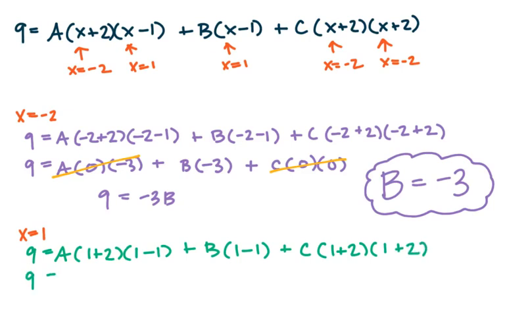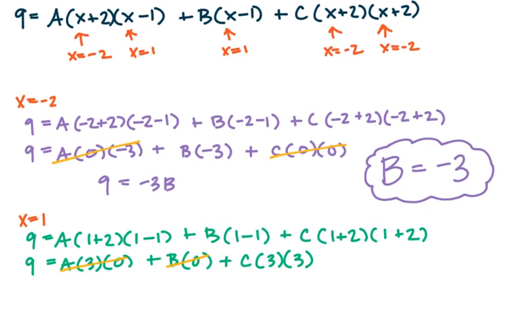So I have 9 equals a times 3 times 0 plus b times 0 plus c times 3 times 3. Again, the whole goal of this process was to zero some terms out. So zeroing those out, I end up with 9 equals 9c. And that can simplify. We know that c is now equal to +1.